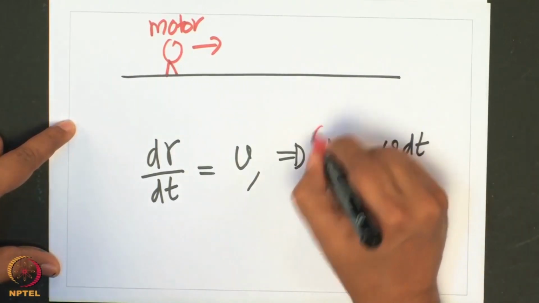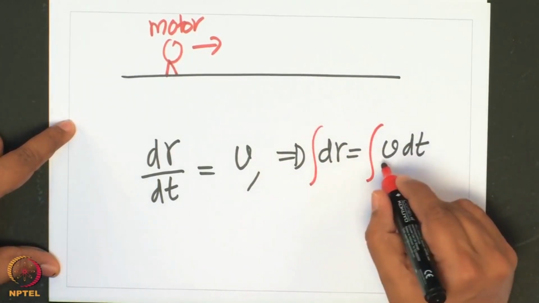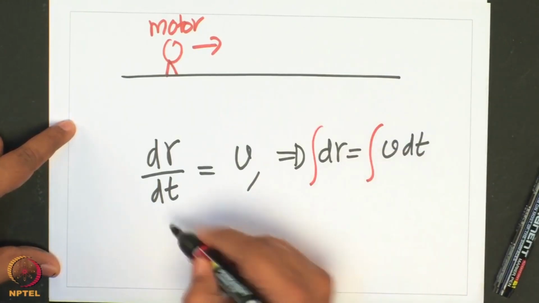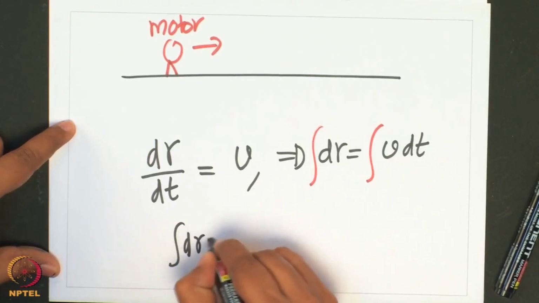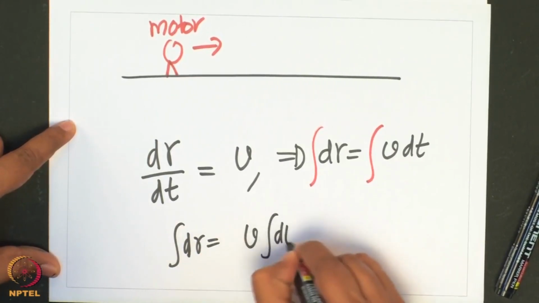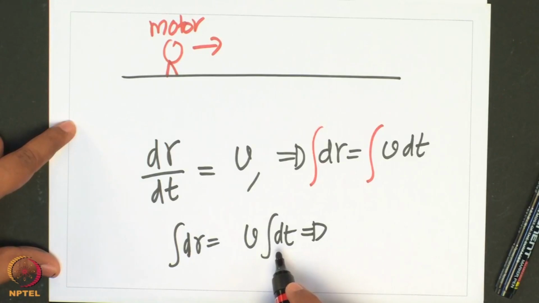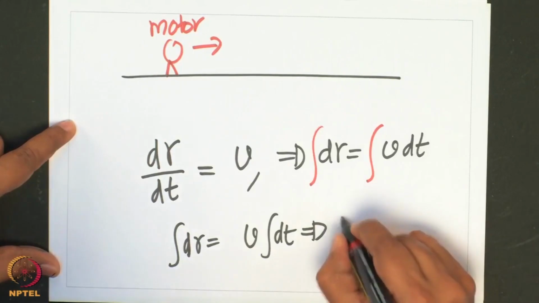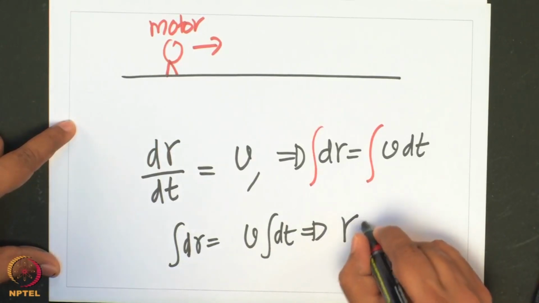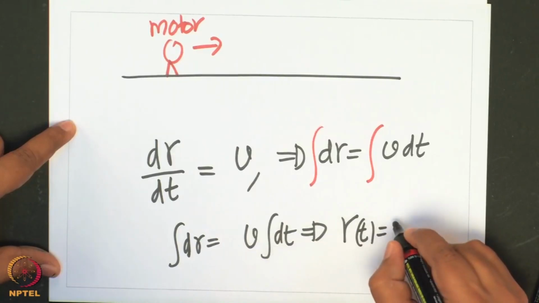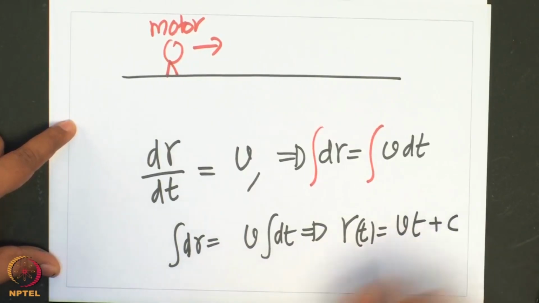I can integrate on both sides. If you assume V is a constant, I can take this outside the integral. I could write the integral of dR is equal to V times the integral of dt. This would immediately give us R at any time t: the integral of dt is t, so Vt plus a constant.